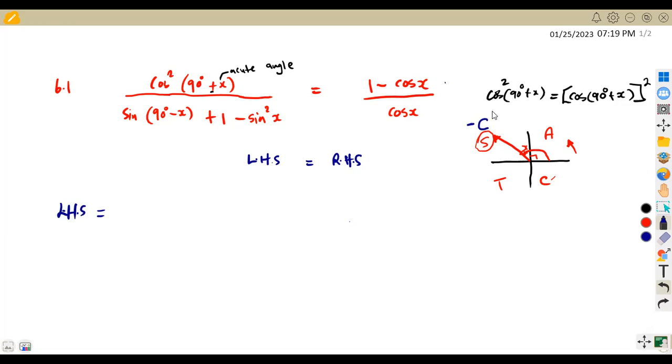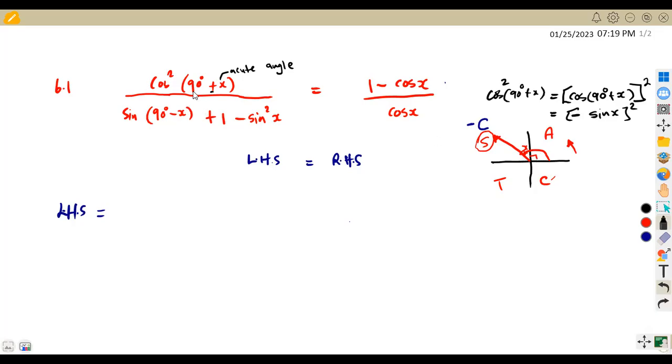So if cos is a negative value, but we have to change this to sine, we are going to write this identity as a negative of sine. So this is going to be like this, guys. It is going to be negative sine of x, but everything must be raised to the exponent of 2.